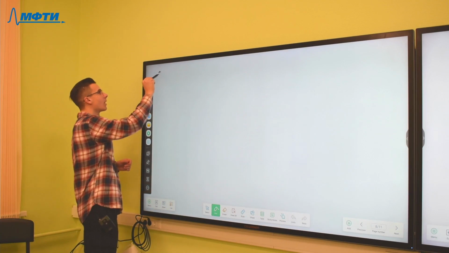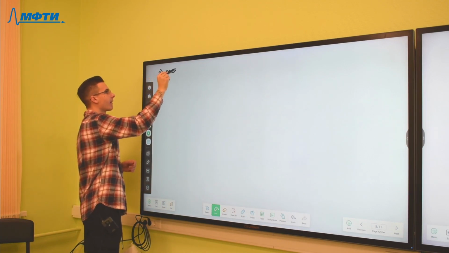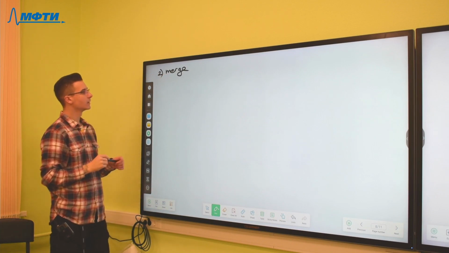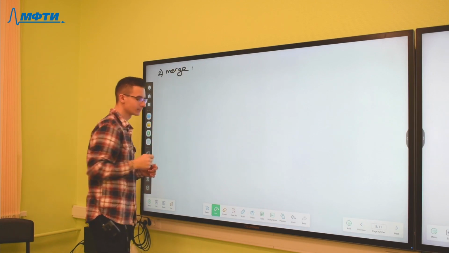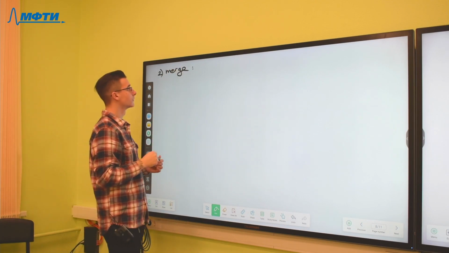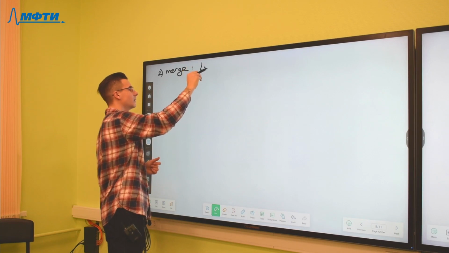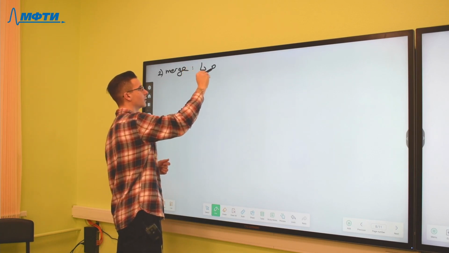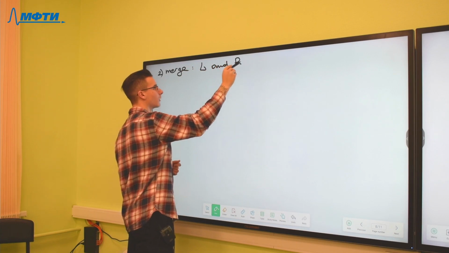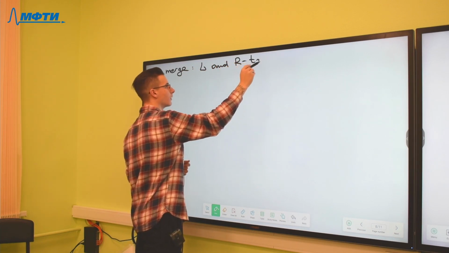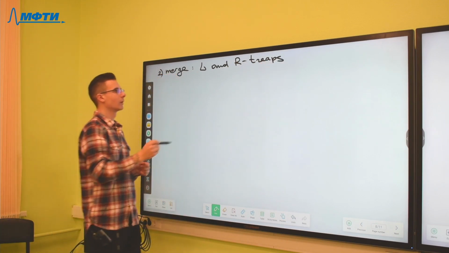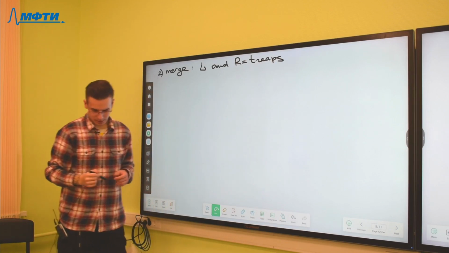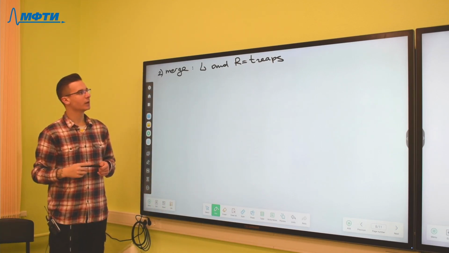Then the second operation is merge. Firstly we have two treaps, L and R. And we merge not any treaps.